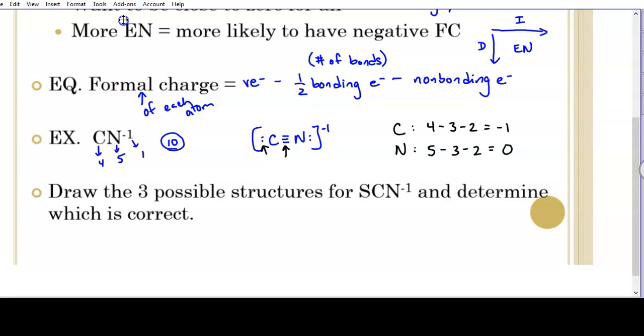So carbon's going to stay in the middle for all 3, and then you're just going to move the bonds around. You should end up with a structure with 2 double bonds, and then 2 various structures with a triple and a single. So I would like you to pause the video and try to draw the 3 structures for the SCN ion.